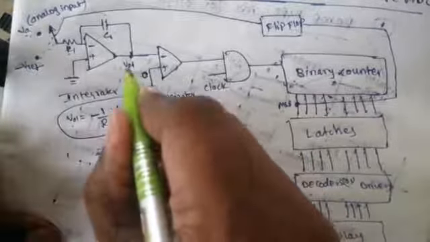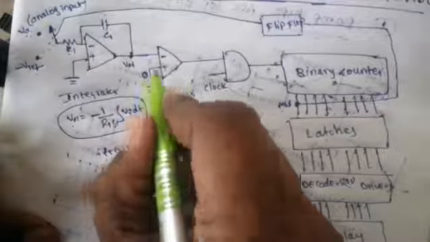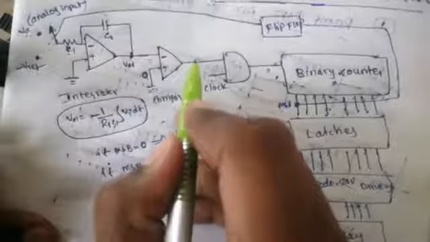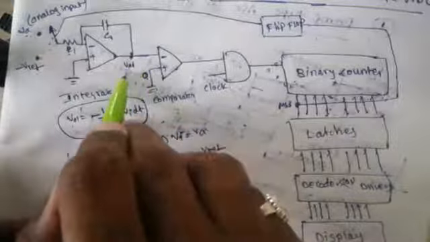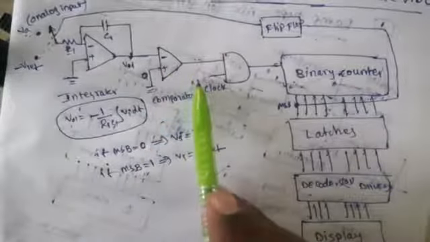So when the V01 voltage is greater than this, the comparator output will be logic 1. If V01 is less than this 0 voltage, the comparator output will be logic 0. So based on the V01 integrator output, the comparator output will switch between logic 1 or 0.